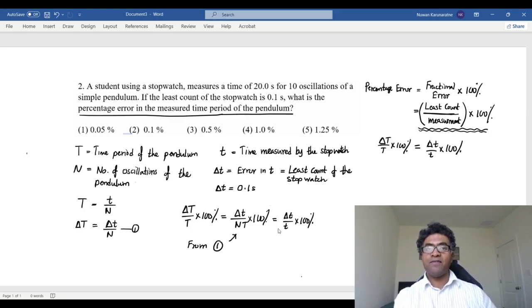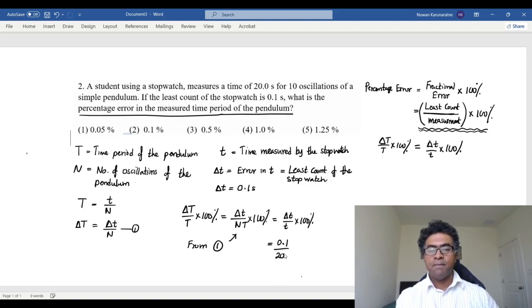And now we have enough information to substitute. Delta t, the least count of the stopwatch, is 0.1, divided by the time measured by the stopwatch, that is 20 seconds, multiplied by 100%. And when you solve this, 0.1 divided by 20 is 1 over 200 as a fraction, multiplied by 100, then you get 1 half, 0.5%.